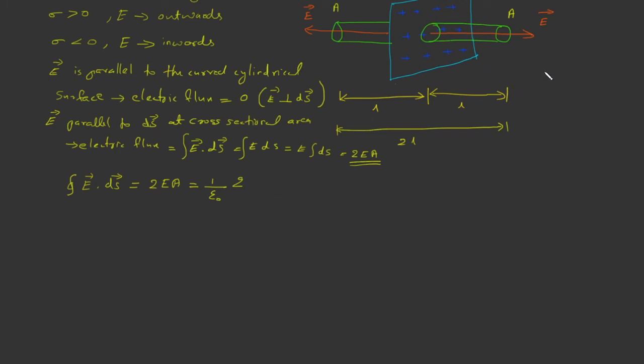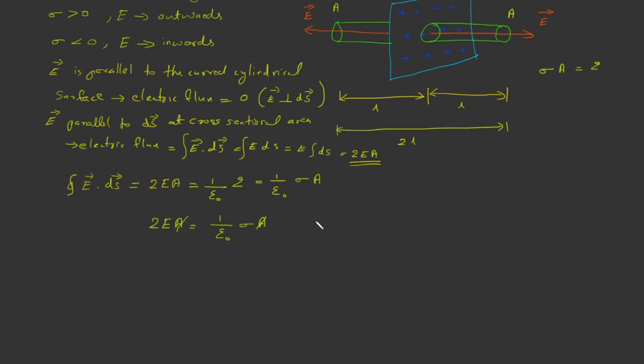We know the charge density of this plane sheet is sigma, and the area of this plane sheet inside the Gaussian surface is A. Therefore, the total charge inside the Gaussian surface is q equals sigma A. We can substitute here, so this becomes 1 by epsilon 0 times sigma A. So we got the equation as 2EA equals 1 by epsilon 0 times sigma A. A we can cancel.